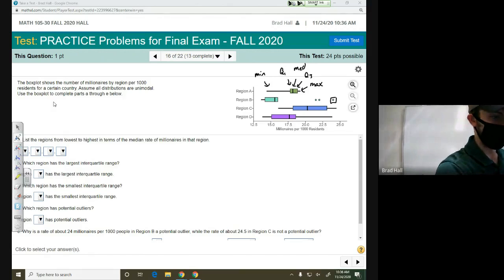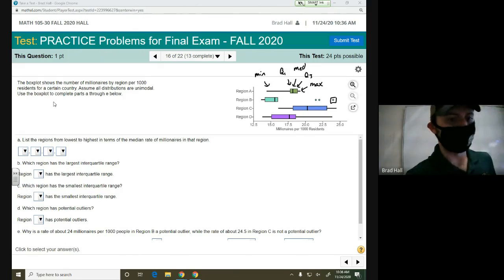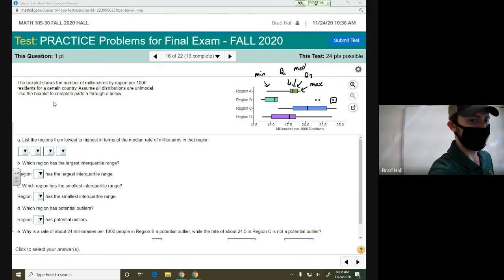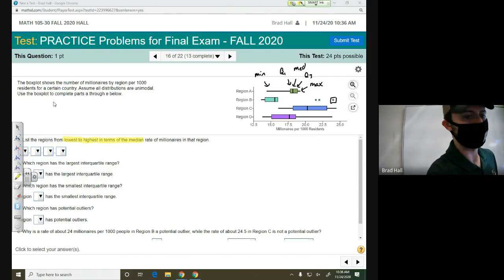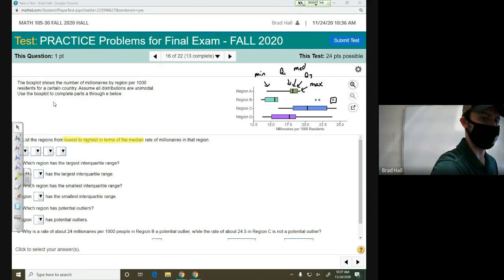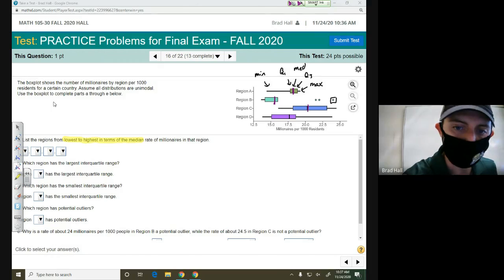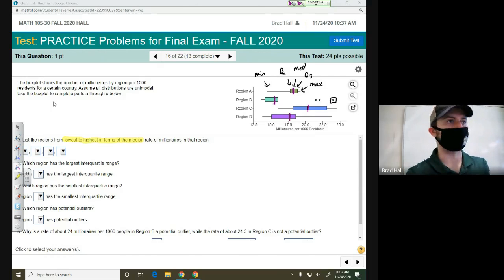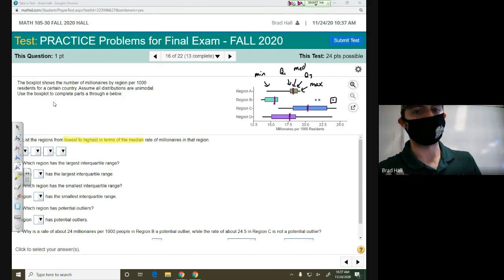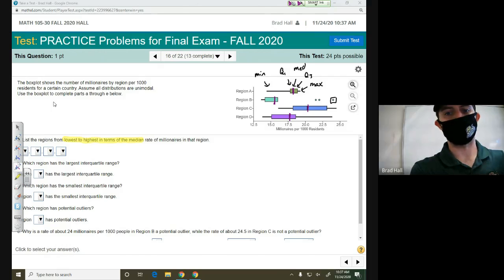What they want us to do first is list the regions from lowest to highest in terms of the median. Remember, the median refers to the inner dash in each box. So really, we are ranking these from lowest to highest in terms of those dashes.